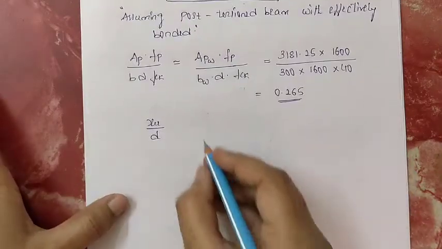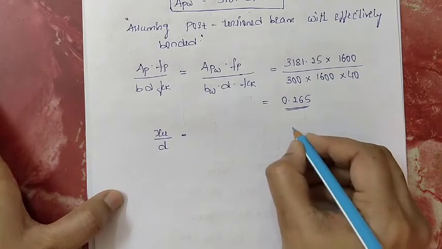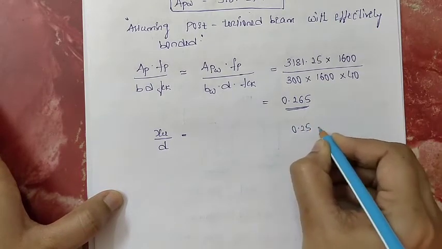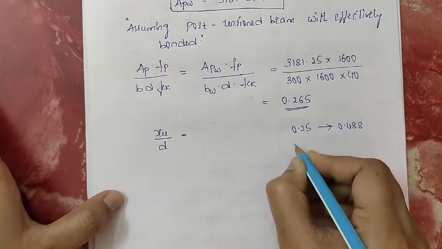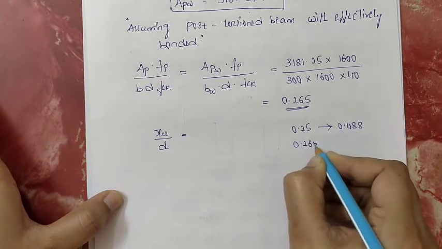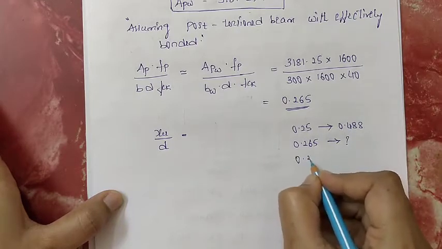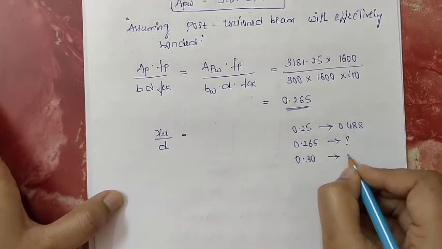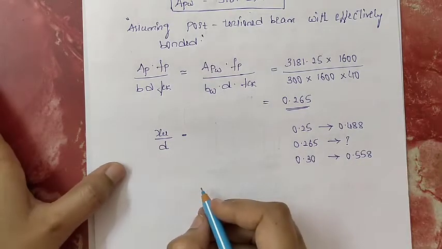I will write it down here. XU by D for 0.25 it is 0.488. For 0.265 you need to calculate it. For 0.30 it is 0.558. You need to interpolate it.